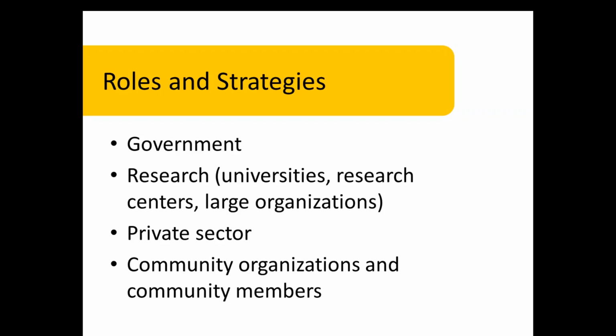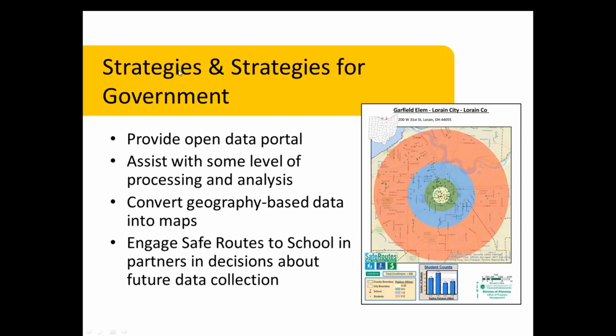While we don't want to get rid of what we're doing before in terms of data collection and usage, we can take advantage of new technology and openness of data and the amount of data out there through these strategies. So first one, government. Many cities and counties are providing open data portals and making data available to those who want it on the web.